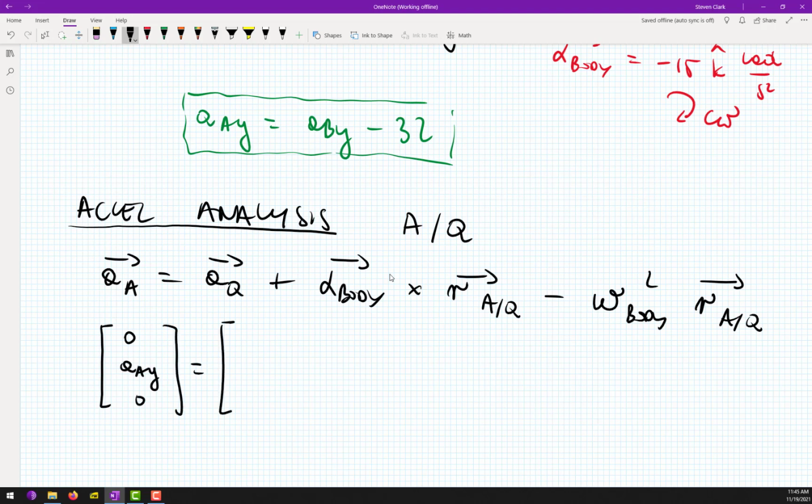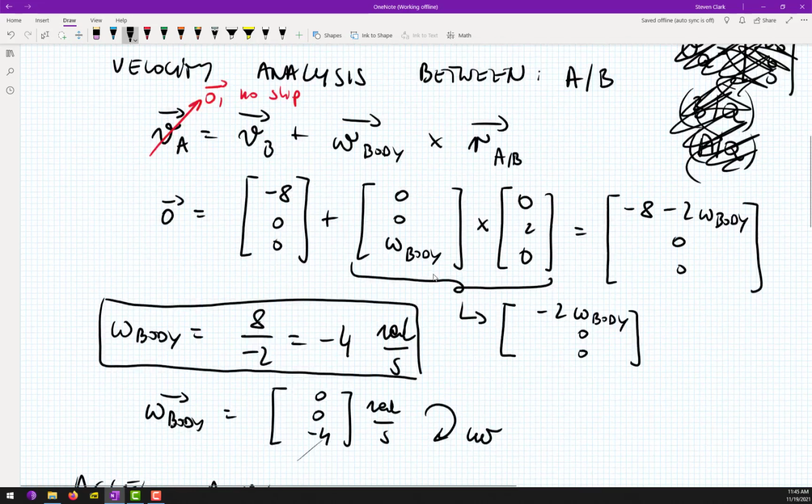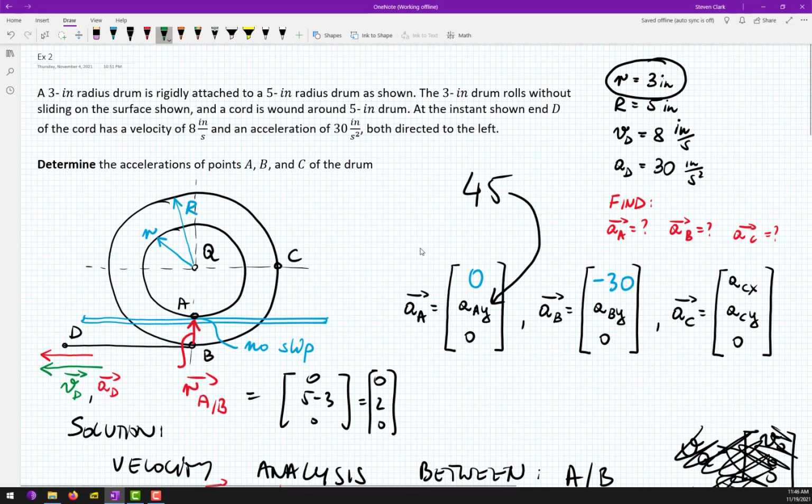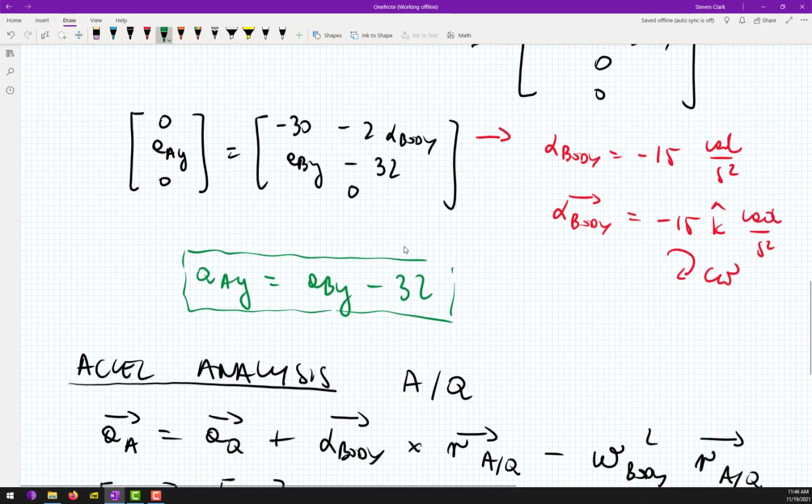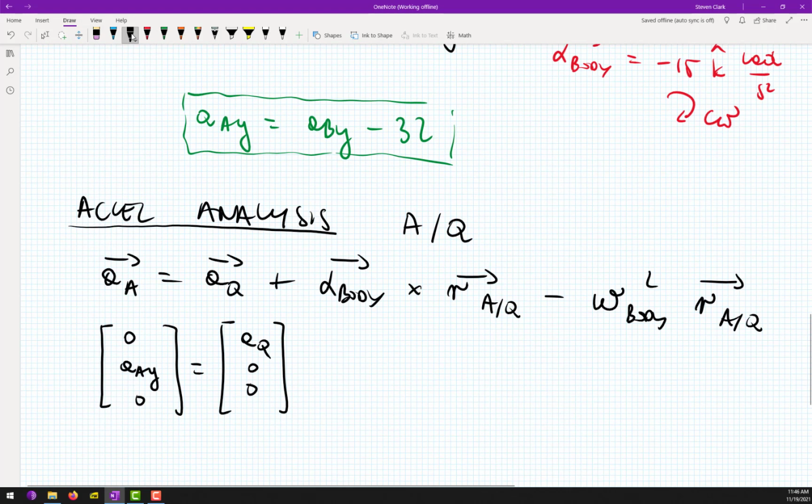Then Thomas told me that a_Q will be just this vector, a_AQ, 0, 0, because the trajectory is here. This is the trajectory of point Q, so its y component has to be 0. And we just found this value, 0, 0, minus 15 times this vector.